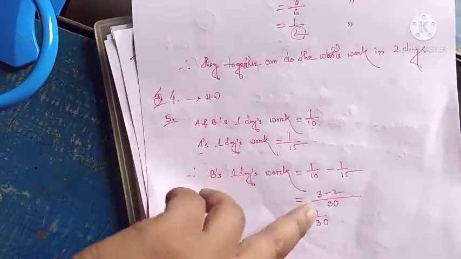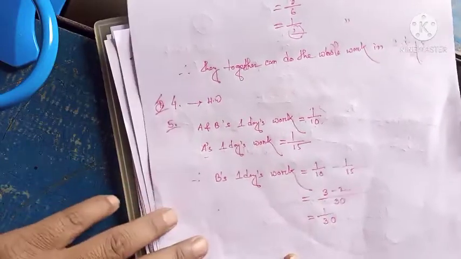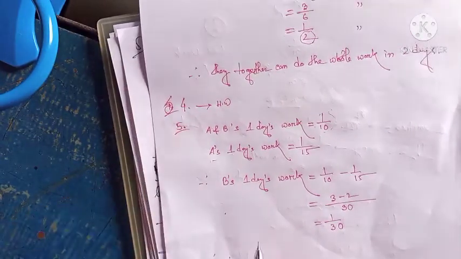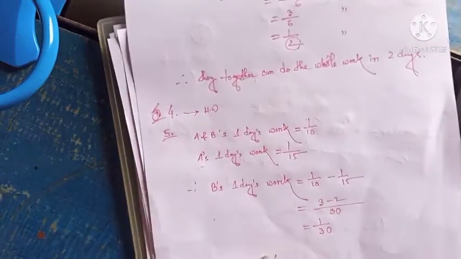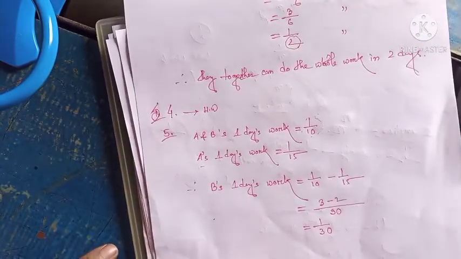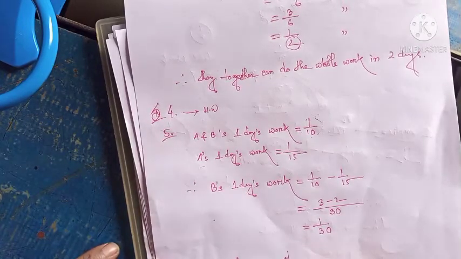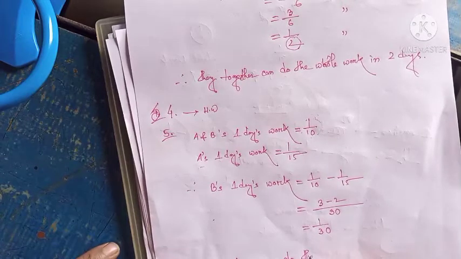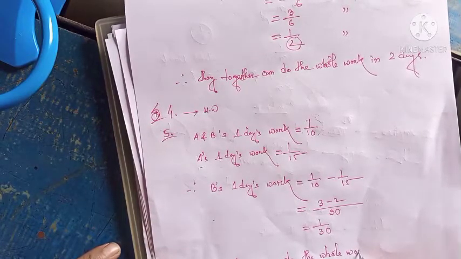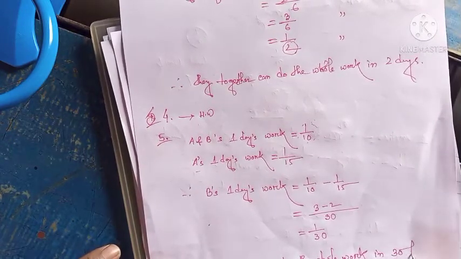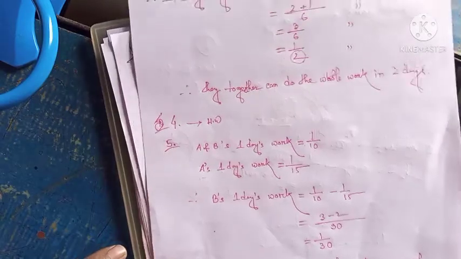So 1 day's work is 1 by 30. Therefore B alone can do the whole work in 30 days. Okay, very easy.